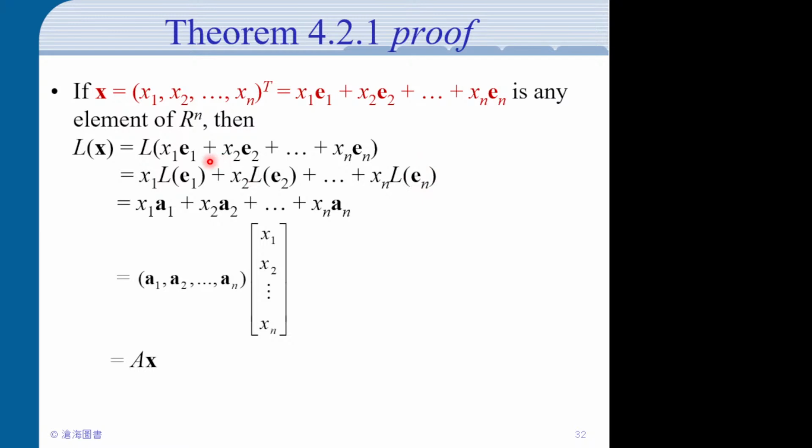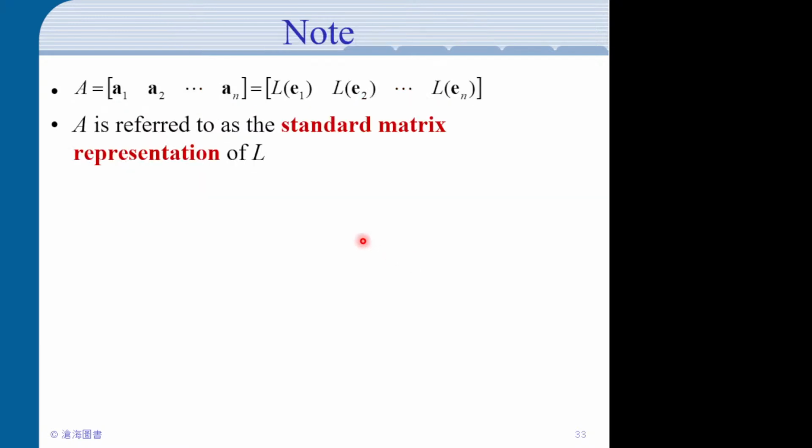In this whole section we will try to map the different bases to different coordinates, etc. Anyway, once again, you find A by this matrix, with every column being the linear transformation of every basis element. And we call A the standard matrix representation of L.